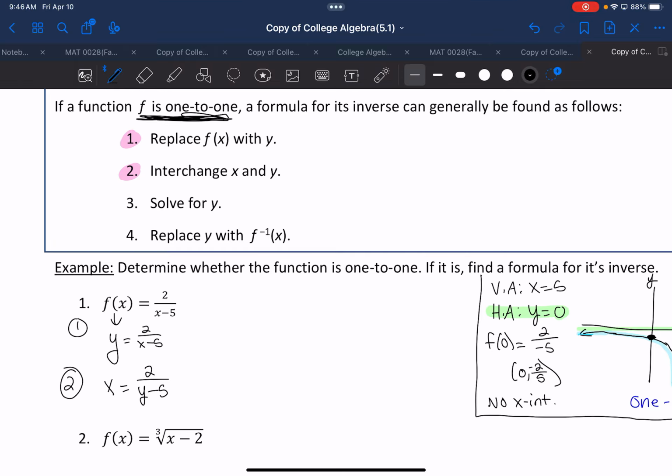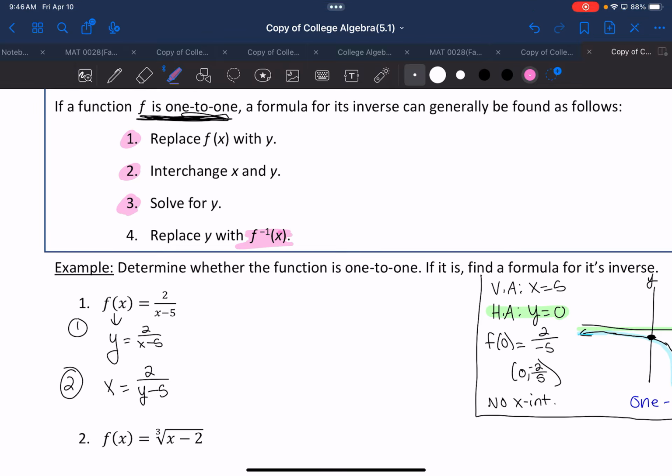So again, technically this is the formula for the inverse. But when they want me to find a formula for the inverse function, I need to now solve for y. I need to get y by itself so that I can write it in its function notation.